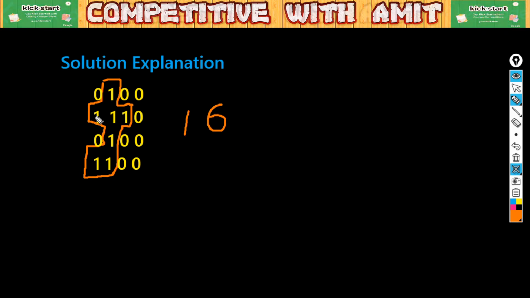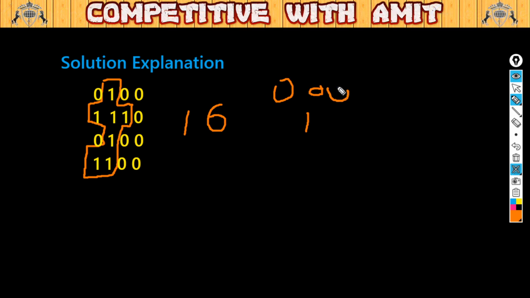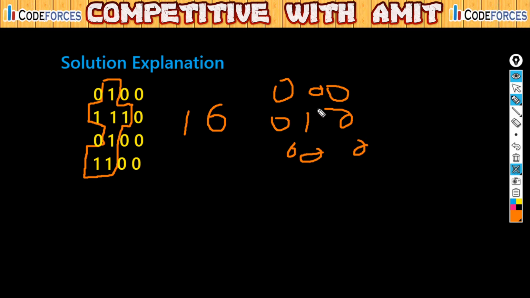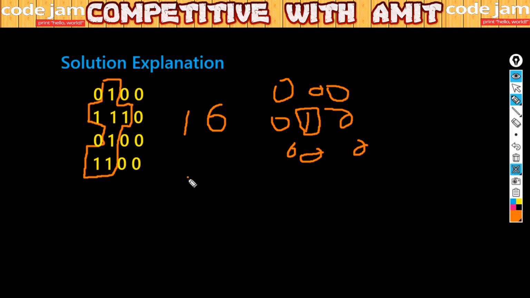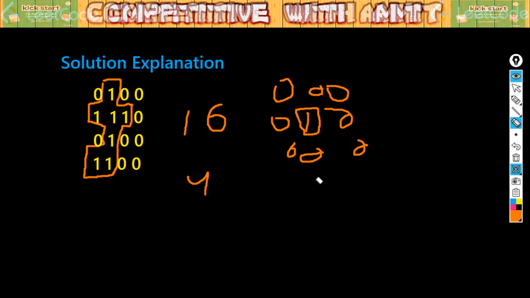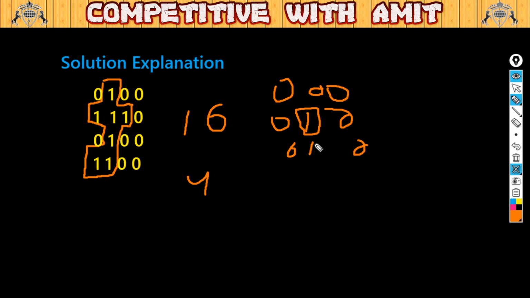Now suppose only one 1 is there and all other cells are zeros. What will our answer be? Our answer will be 4, because 4 are required to wrap one cell. Now let's consider one more case. Suppose it is like this, 1 1 here.